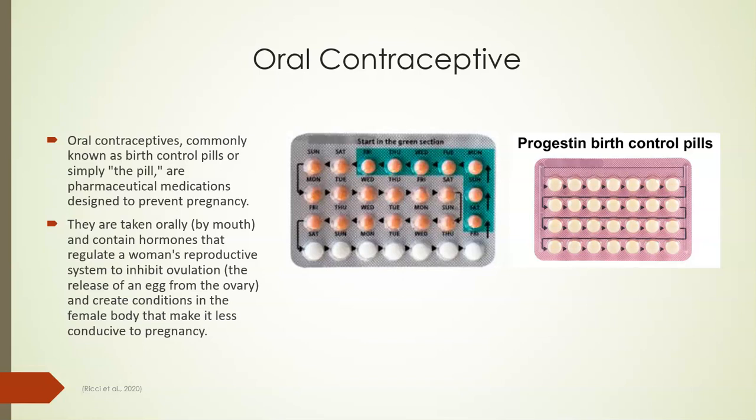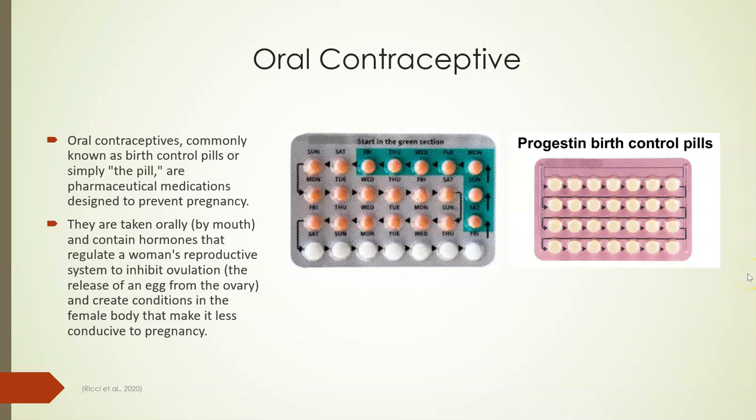There are two types of pill. One is the progestin pill, which contains only progestin and is typically used by women who cannot take estrogen for medical reasons. Progestin pills work primarily by thickening the cervical mucus and partially inhibiting ovulation.